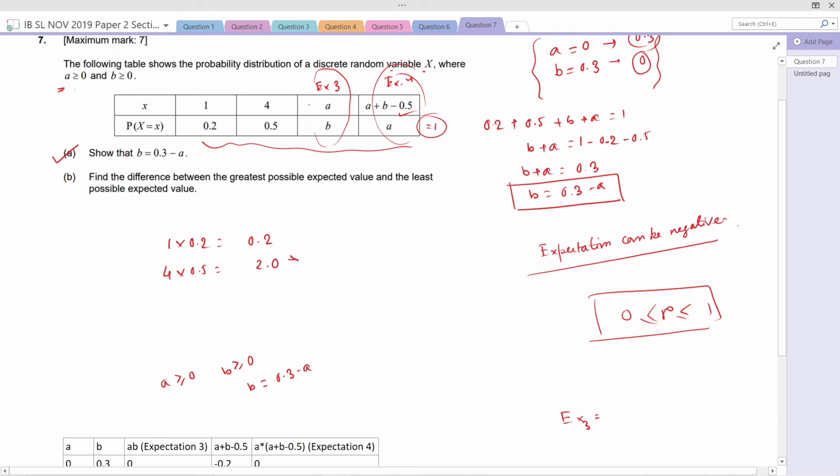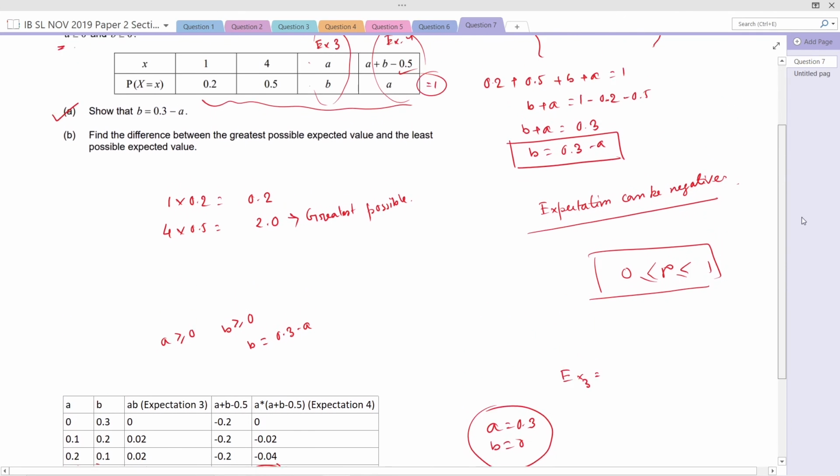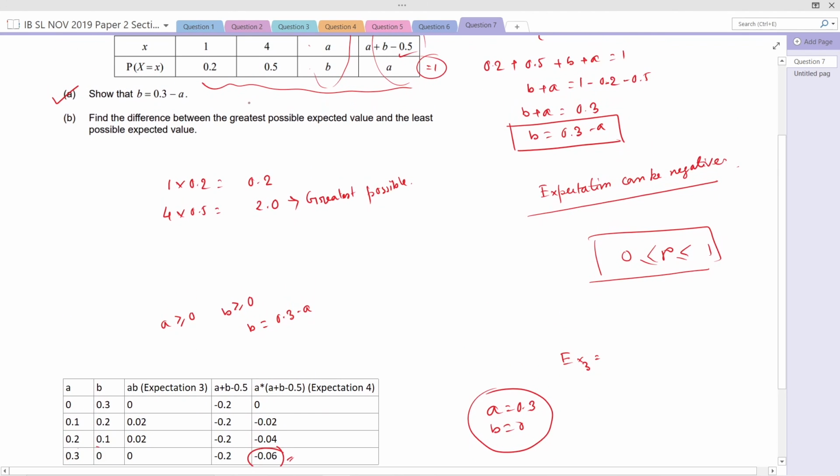Now the least possible, from the chart you can see the least possible is minus 0.06 for the value a to be 0.3 and b to be 0. So this is 0.2, this is 2.0, and if a is 0.3, b is 0, so this value is 0, and this is minus 0.06.